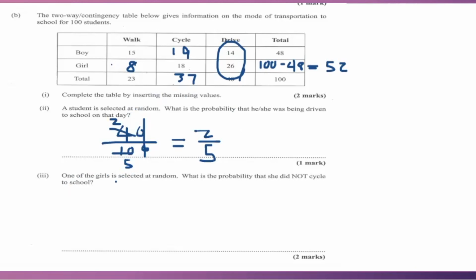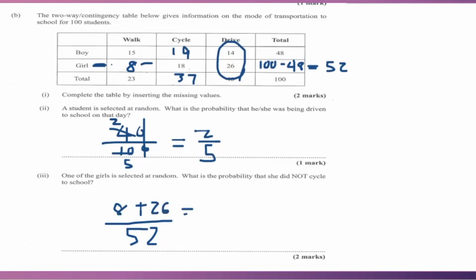Finally, one of the girls is selected at random. What is the probability that she did not cycle to school? Now, we have 52 girls. The focus is on the amount of girls. We have 52 girls. The amount that did not cycle to school, we have 8 students that walk, and we have 26 that drive.